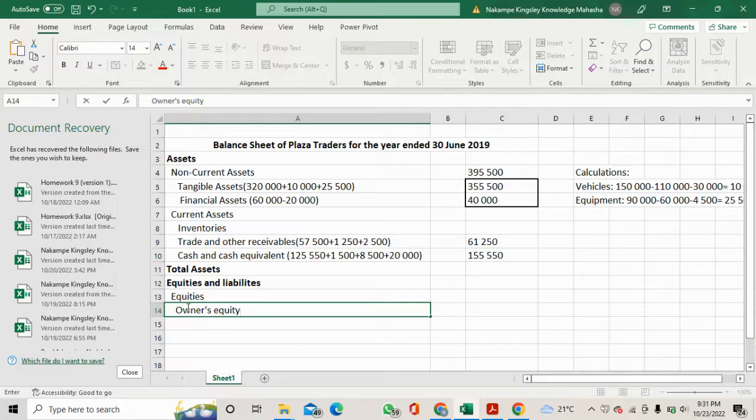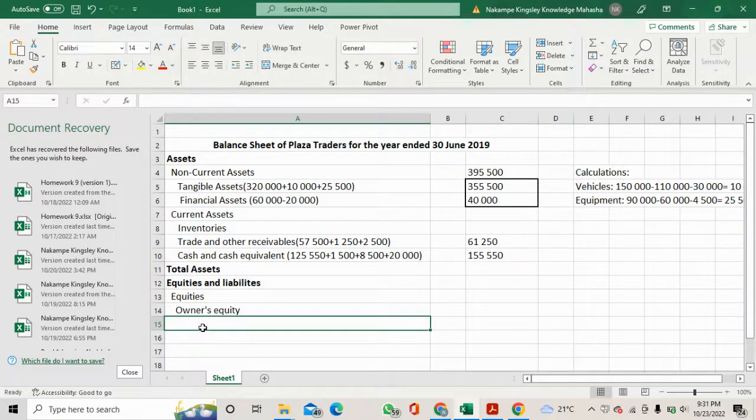What is our owner's equity made of? Our owner's equity, guys, is the wealth of the business, right? We talk about our capital, we talk about our profit. Those of you who have furthered your studies know there's another statement called the statement of changes in equity. We do that statement to calculate our owner's equity.